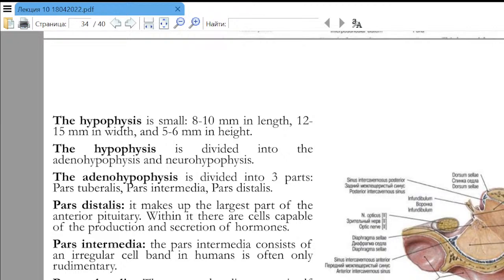The pars distalis makes up the largest part of the anterior pituitary. Within it there are cells capable of the production and secretion of hormones.